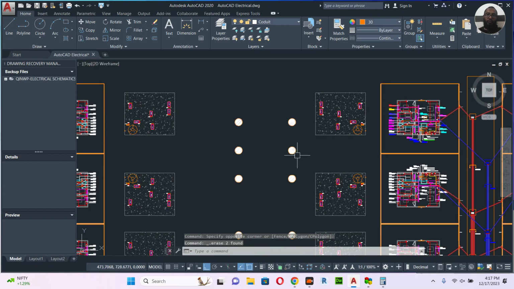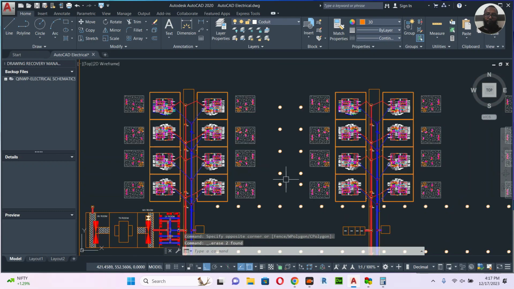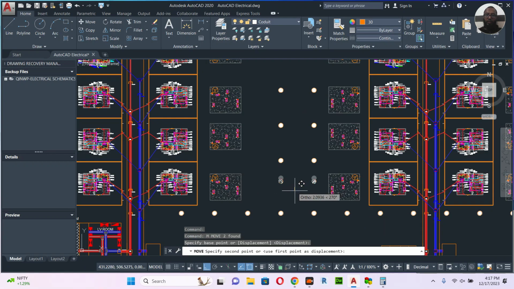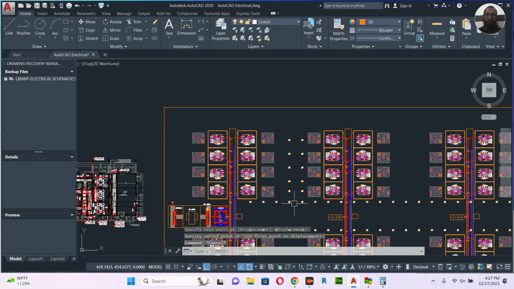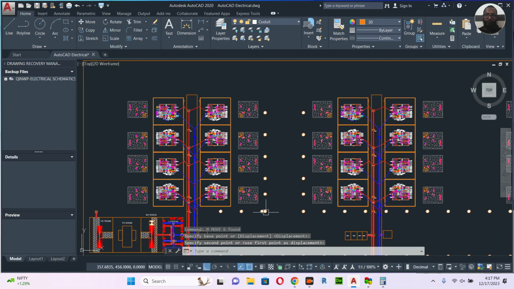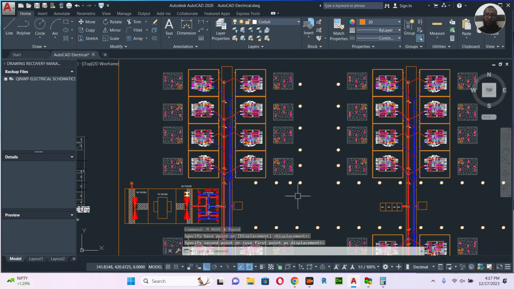And this is not a perfect drawing. My purpose is teaching you the electrical, not the architectural, so I will just draw only the concept drawing. Normally it will not be like this. Let's move this one. So I will copy the same here.